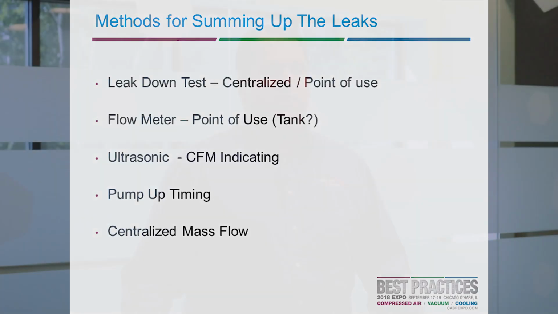The simplest is to do the pump up timing. If you know the value of your compressor's output, you can simply take the pump up time in seconds and divide that into the total cycle time, and then multiply that decimal value by the output CFM of the compressor.